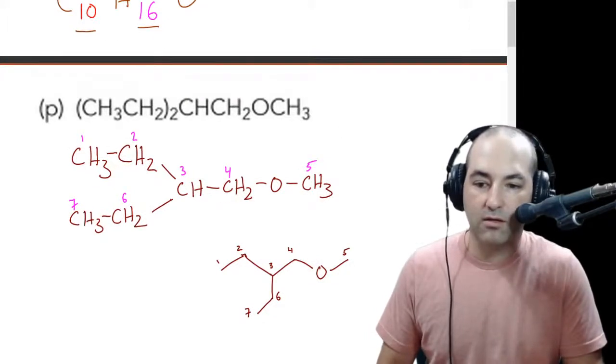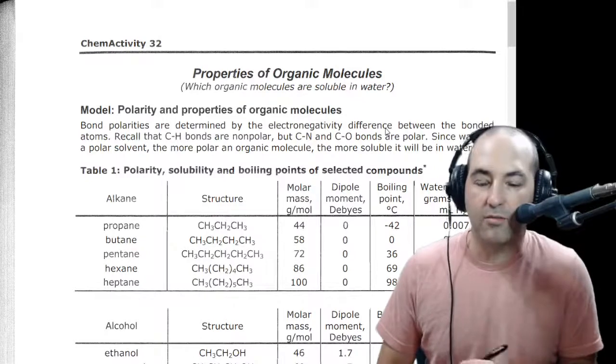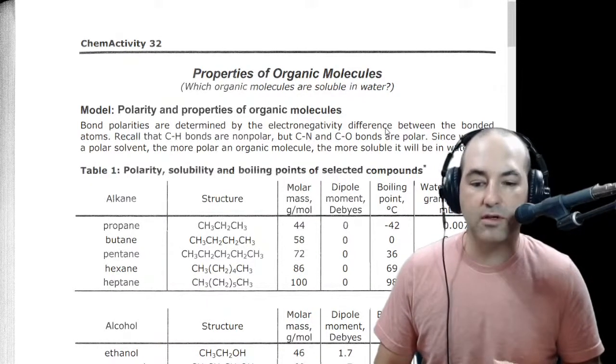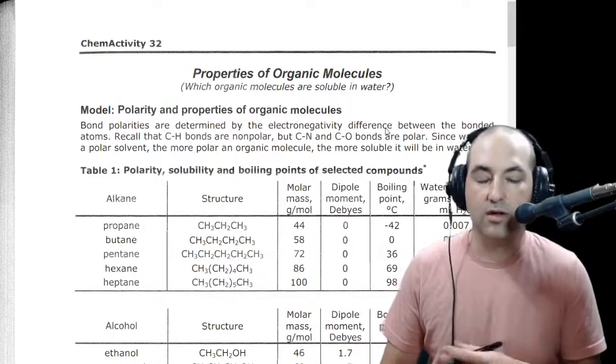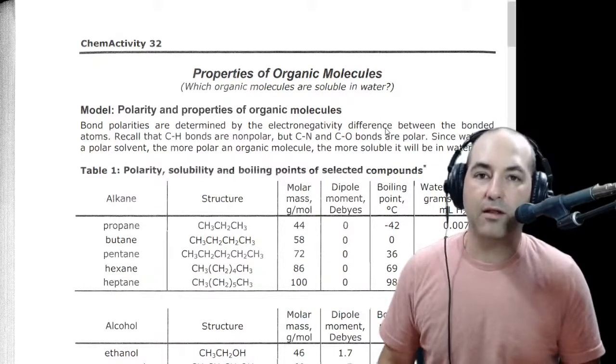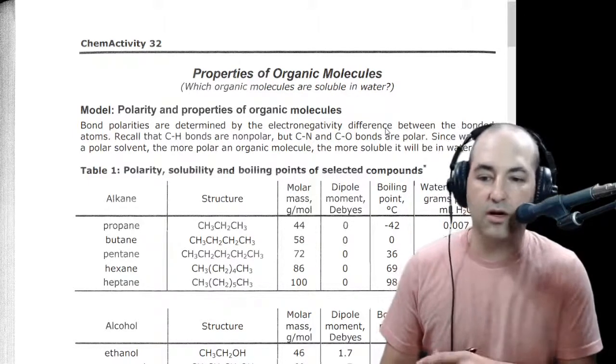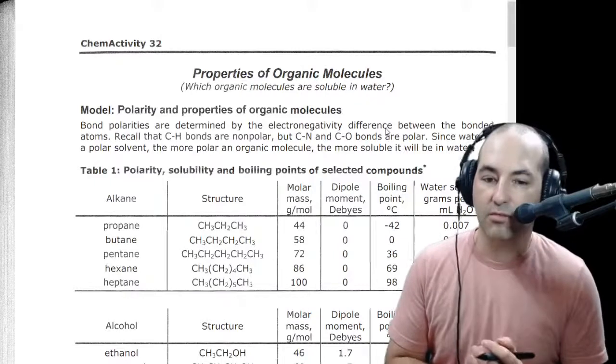This week, we're going to look at properties of these molecules, specifically a couple properties, their boiling points and their water solubility, and kind of how the molecules interact with one another. So I wanted to take you through this document a little bit.